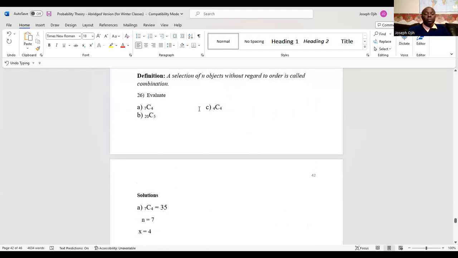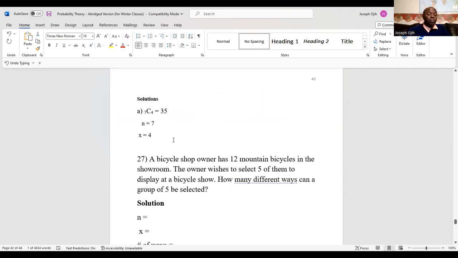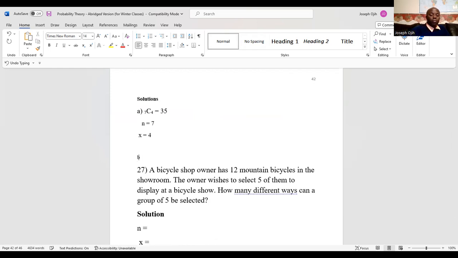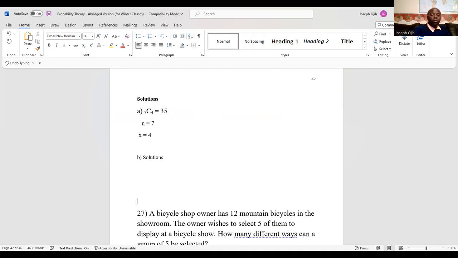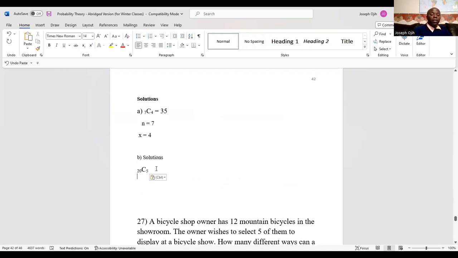So let's do another one, which is 20 combination 5. This is part B. Solution. Okay, 20 combination 5.